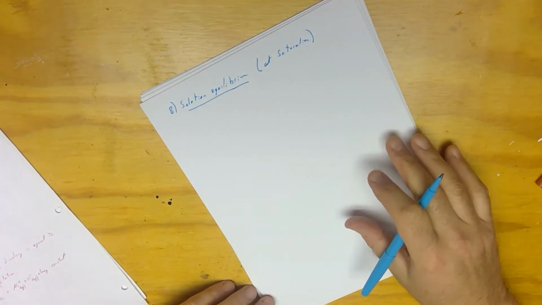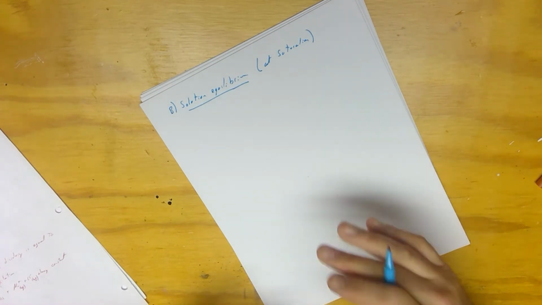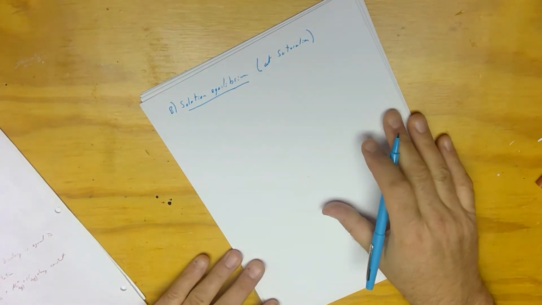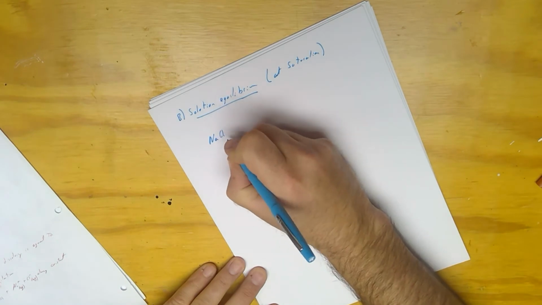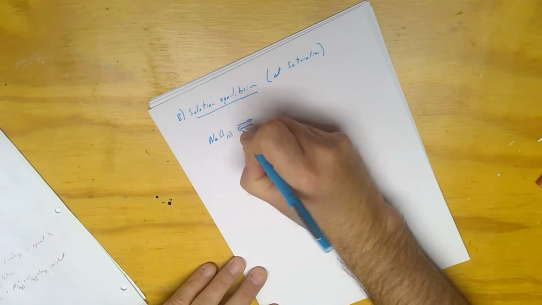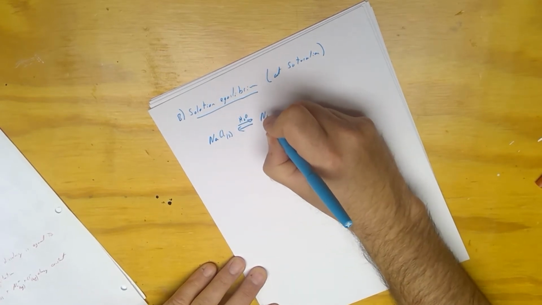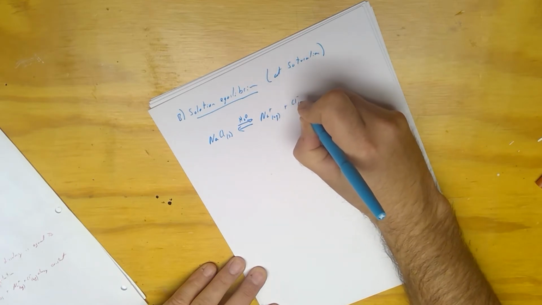So when we're talking about solution equilibriums, we're talking about dissolving ionics into solutions usually. So the solution equilibrium I want to talk about today is NaCl solid in equilibrium, okay, in water with Na+ aqueous and Cl- aqueous.